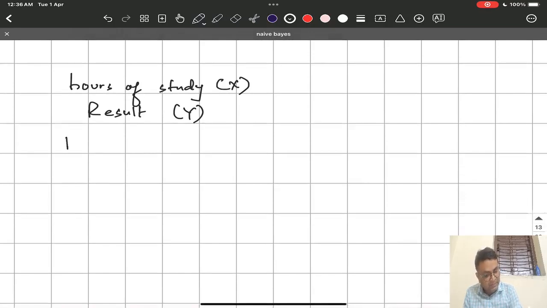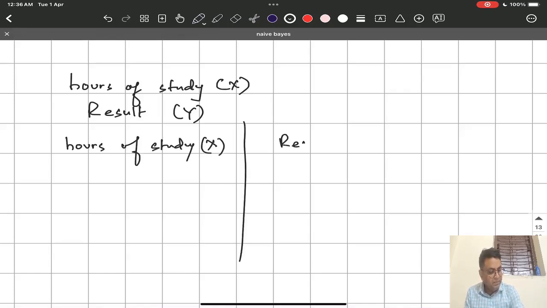Hours of study. The table will look like this. Hours of study, in brackets x, and the result, which is the output, y. Now if hours of study is 15 hours, the result is 97%.